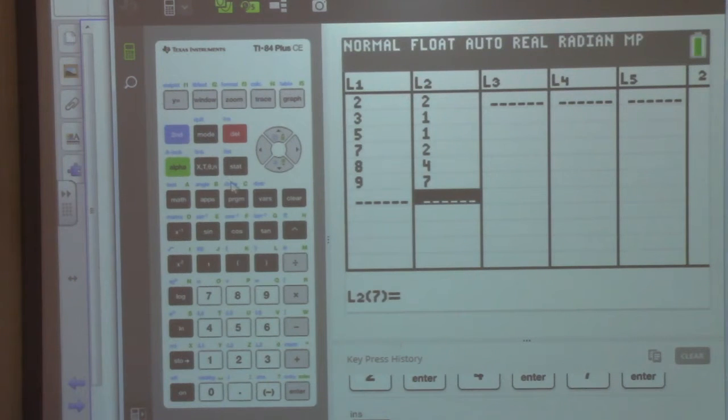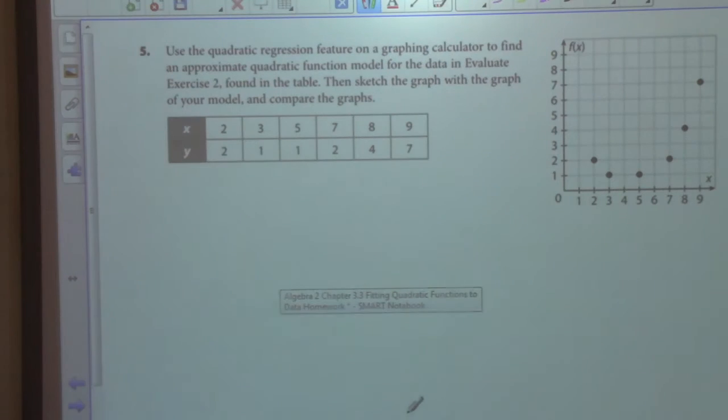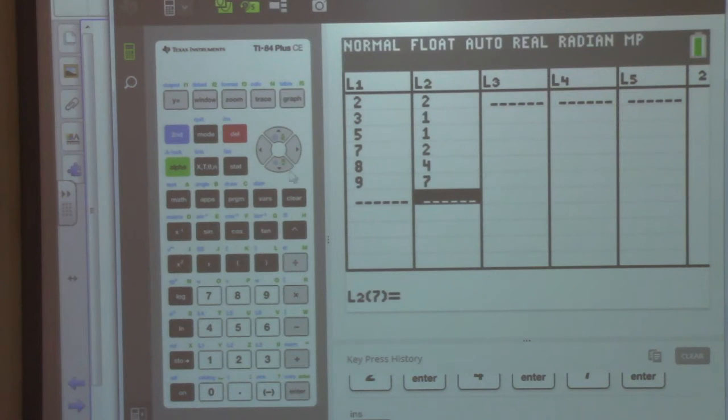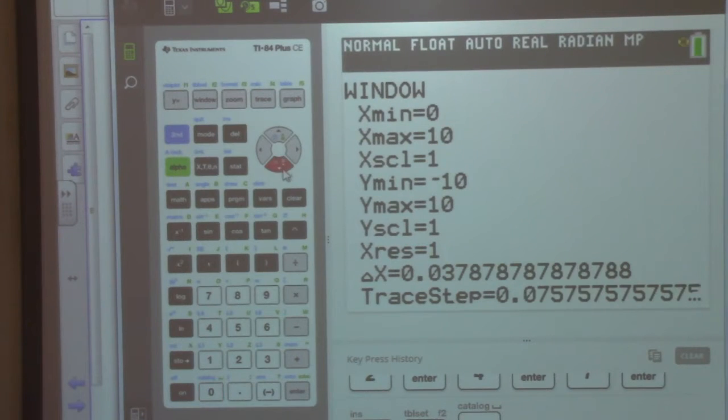Okay. And now we look at our graph. I want to dimensionalize our viewing window in our calculator to match up with what we have here. And so now I go to window and I'm going to go from 0 to 10 by ones, and y is 0 to 10.